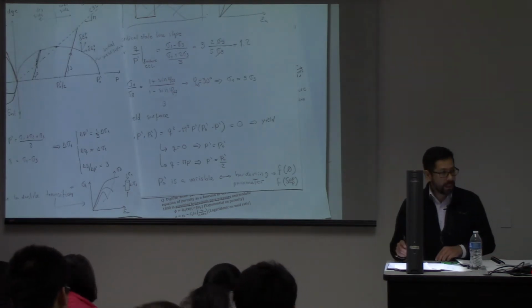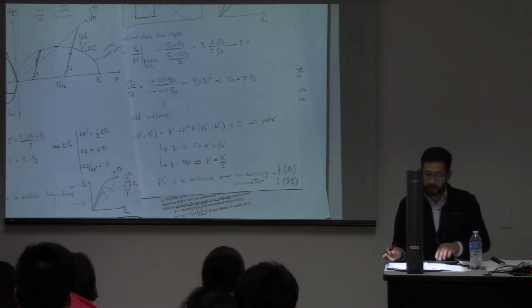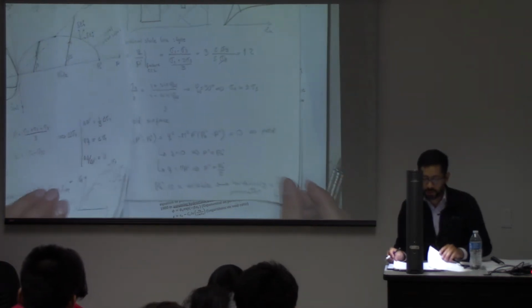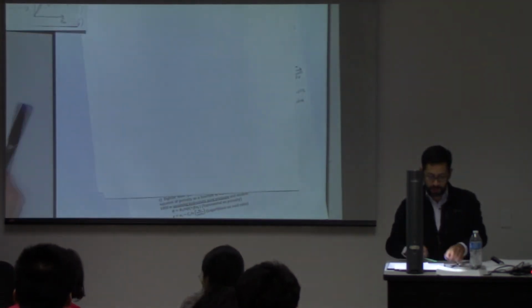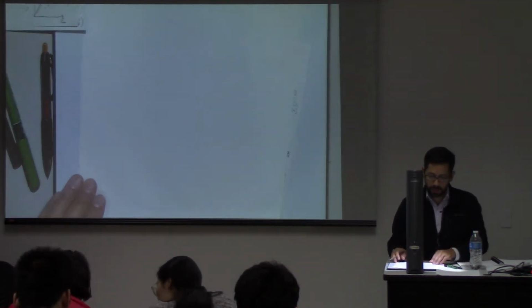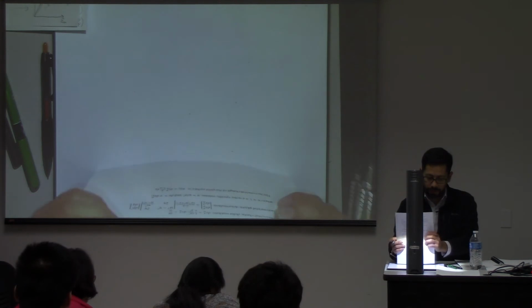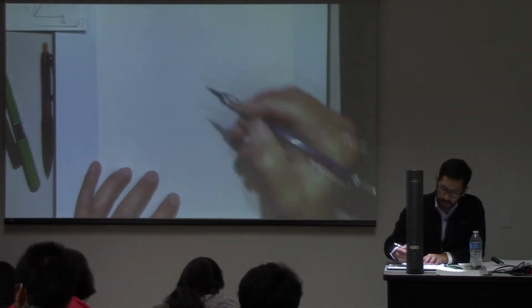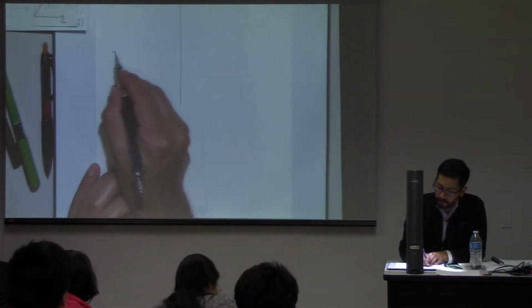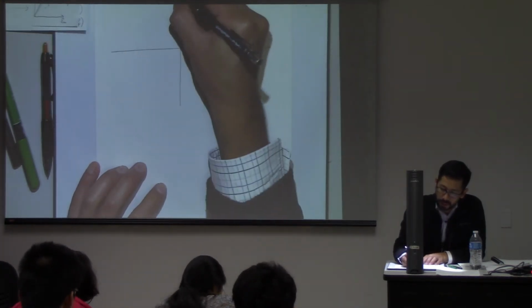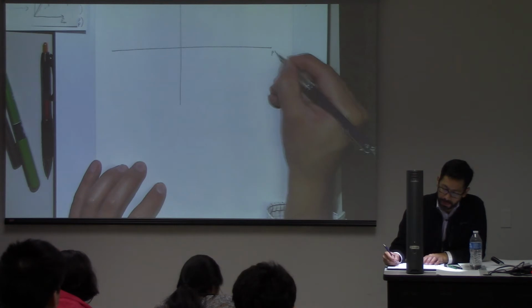So let's try to see how this parameter would change if we were to do a cyclic loading test. So this is Q, this is P prime.